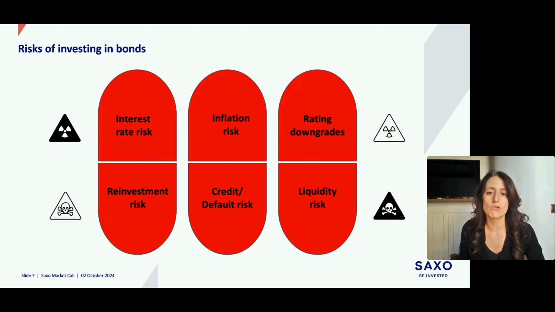But when the economy is decelerating, that's when corporates start to struggle, recording less profits, and that might mean they face the risk of downgrades. And if we are looking at the lower rated credits, junk bonds, then they might even face a default.